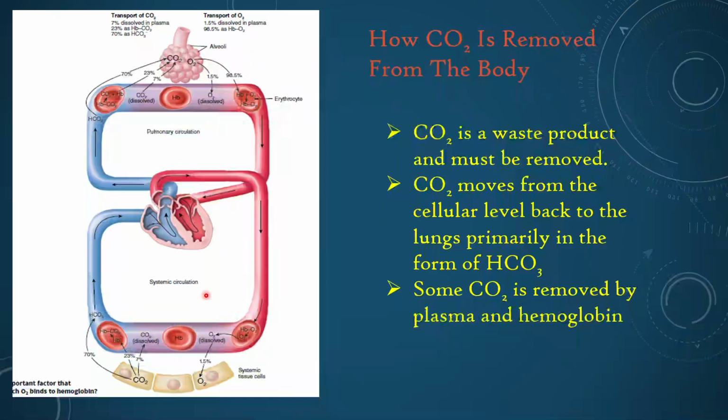Some CO2 is removed by plasma and hemoglobin. I'm going to walk you through that when we get there. But that's the first time we've talked about what HCO3 is. Don't worry about it. I'm going to make it pretty simple for you.